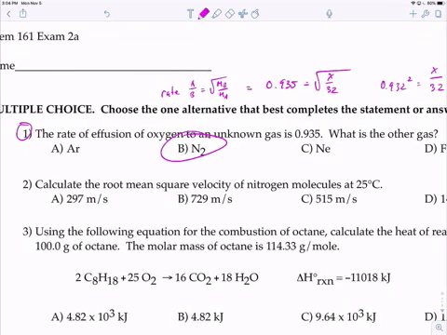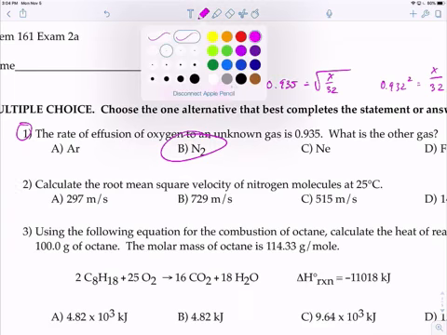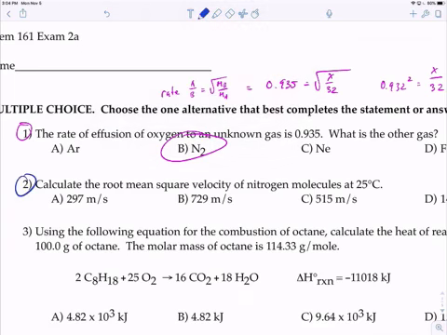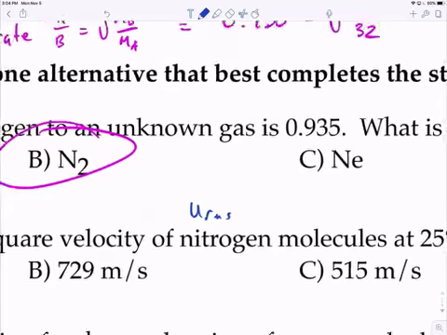Okay, this is another one you'll get the equations for. Calculate the root mean squared velocity of nitrogen molecules at 25 degrees Celsius. You would get this equation, and on the equation sheet it even says that m is molecular weight in kilograms.